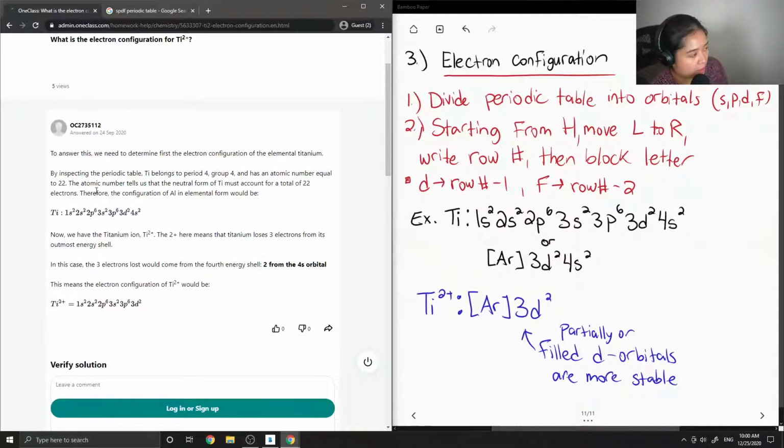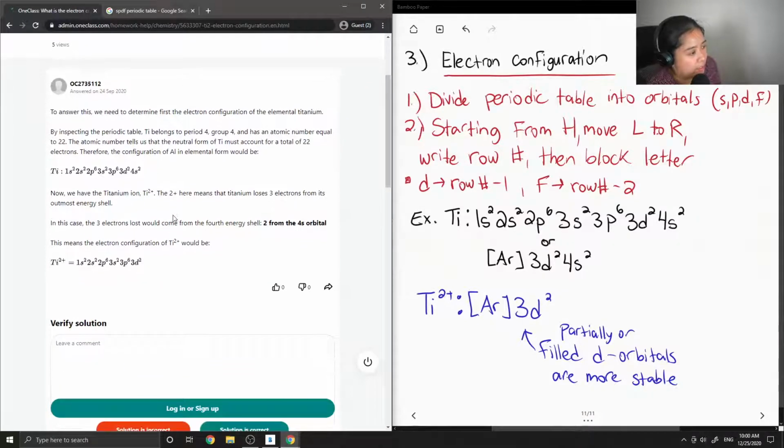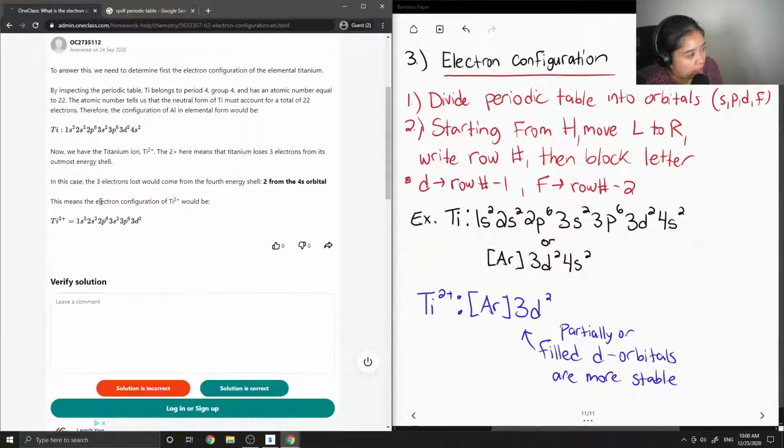The atomic number tells us that the neutral form of titanium must account for a total of 22 electrons. Therefore, the configuration, I think they mean to say titanium in elemental form, would be 1s2, 2s2, 2p6, 3s2, 3p6, 3d2, 4s2.